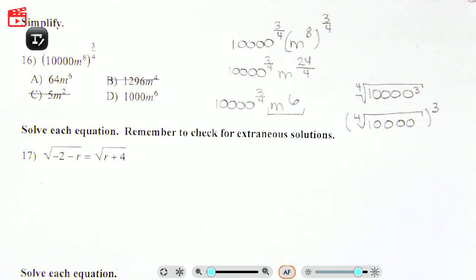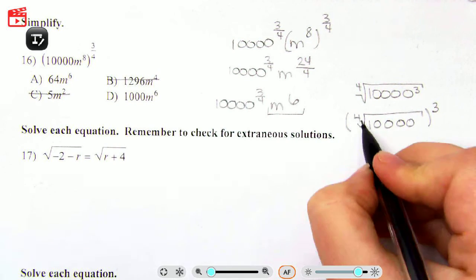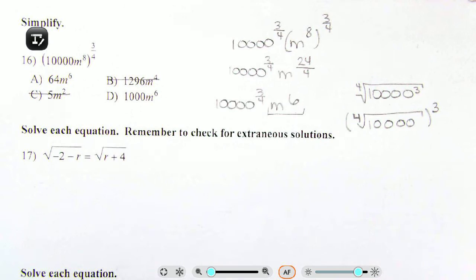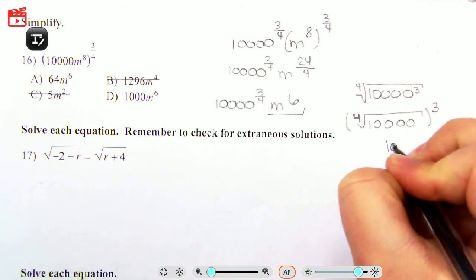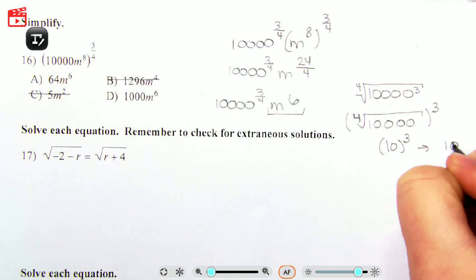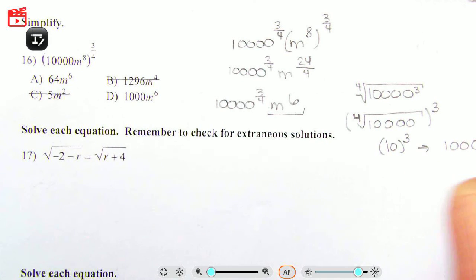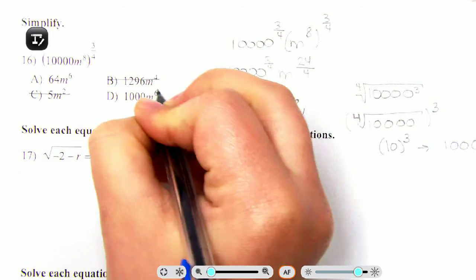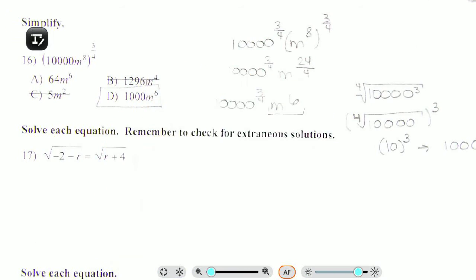You're just doing it after, not before. So then what times what times what times what? 4 times, the same number, to give us 10,000. In this case, it is 10. So we have 10 cubed, and 10 cubed is 1,000, and then we have our m to the 6th. So our answer is, in fact, D.